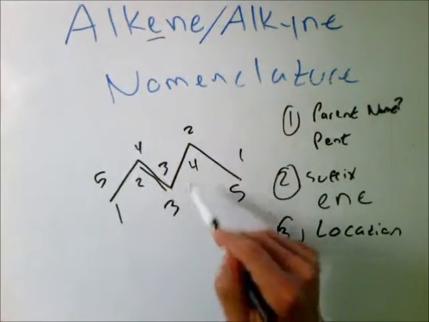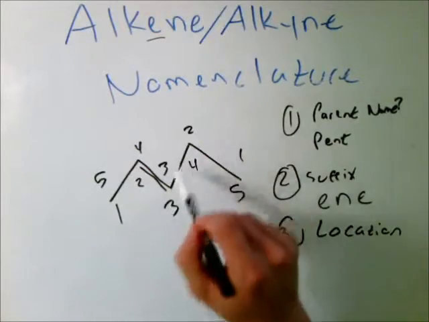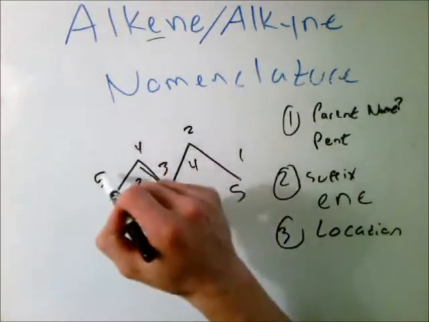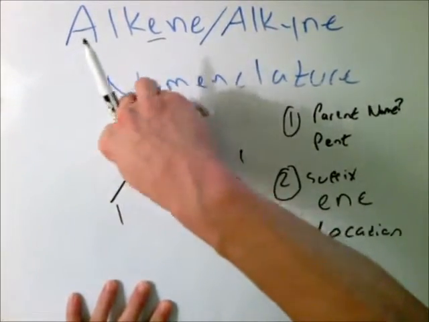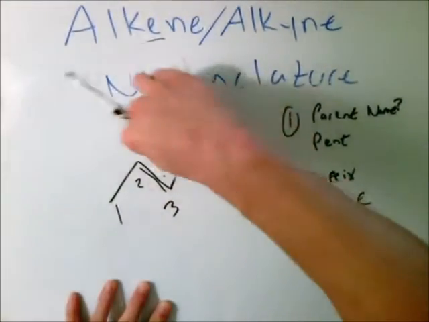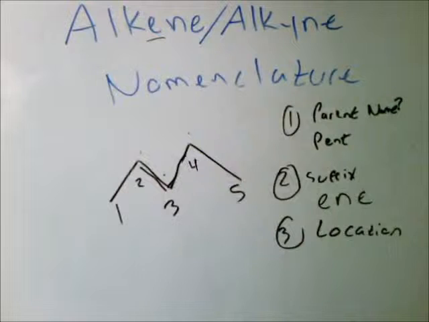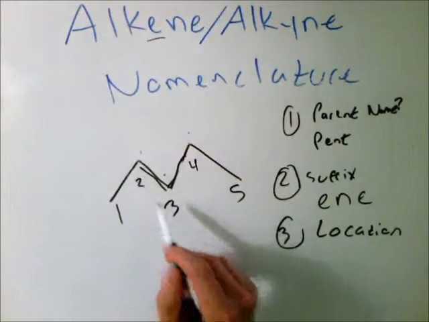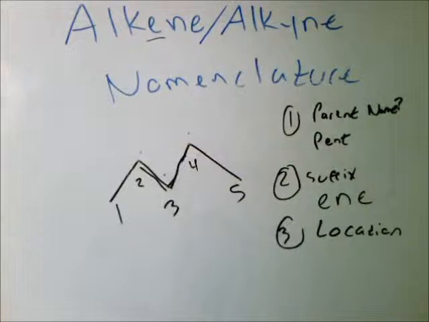So numbering this way, our double bond has a 2 and a 3. Numbering this way, our double bond has a 3 and a 4. So we're going to erase the top part. We're going to roll with the bottom part. So there's a 2 and a 3 associated with this double bond. Which number do you use to describe the location?